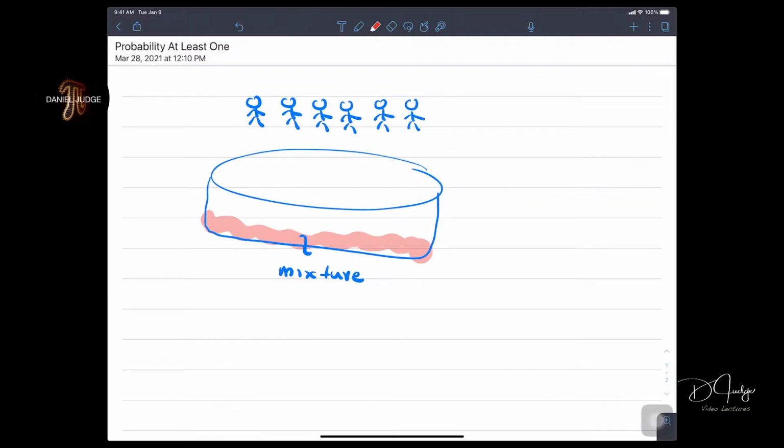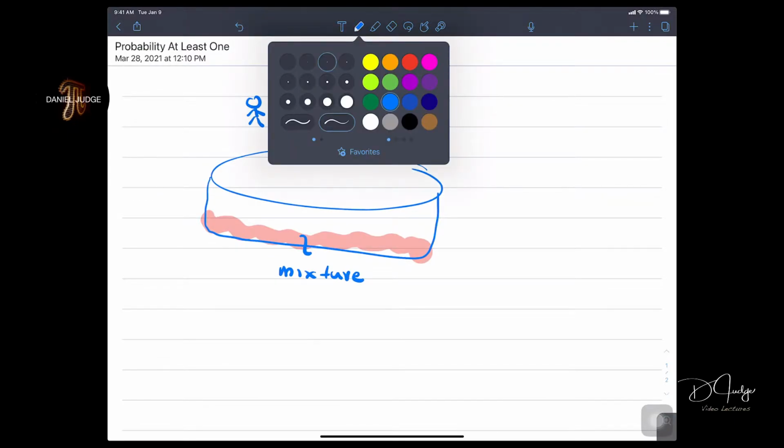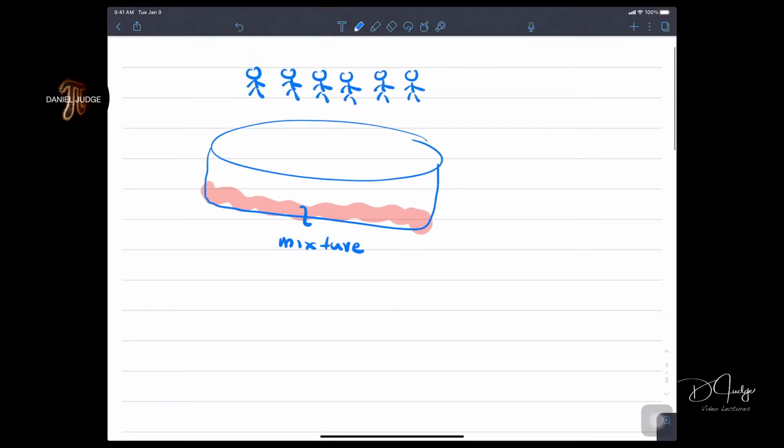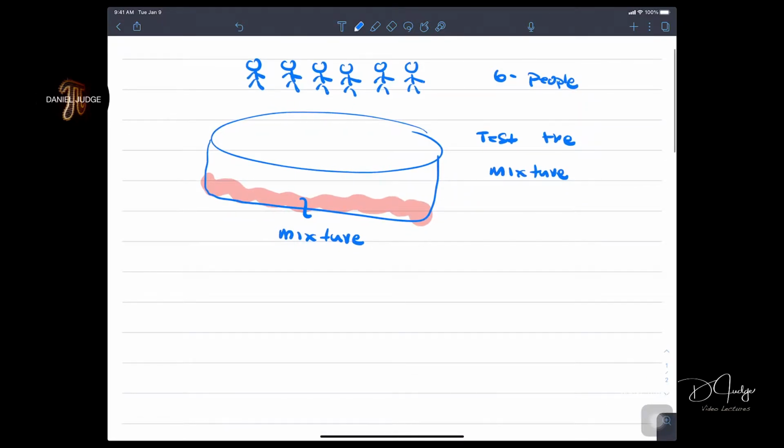And what they're going to do now here is if we go back and read that, right? So let's kind of make some notes. There's 6 people. And what they're going to do is they're going to test the mixture. They're not testing the individuals. They're testing the mixture. So 2 things can happen here.